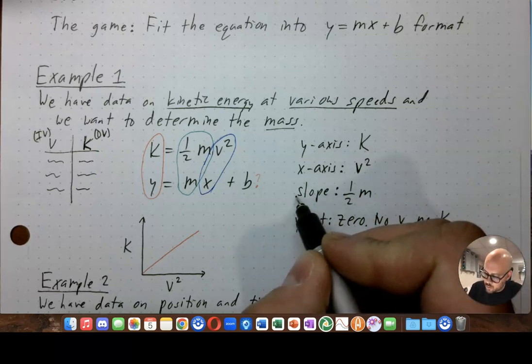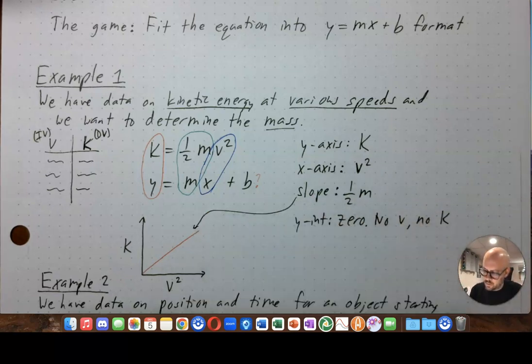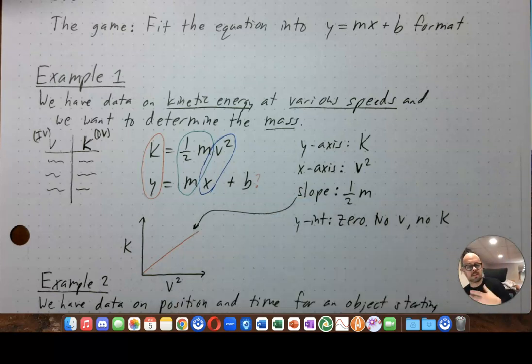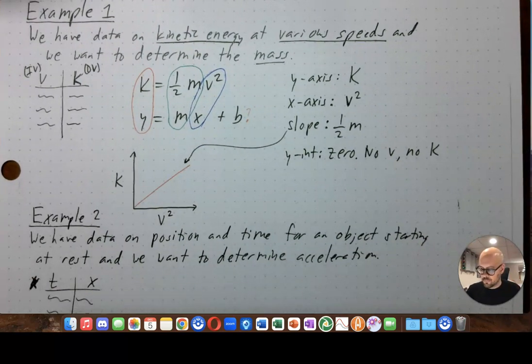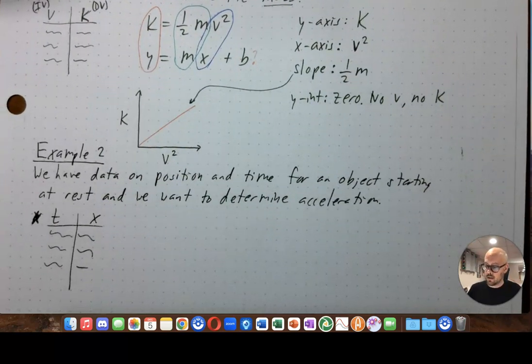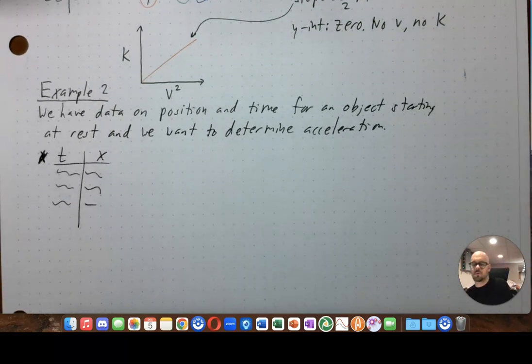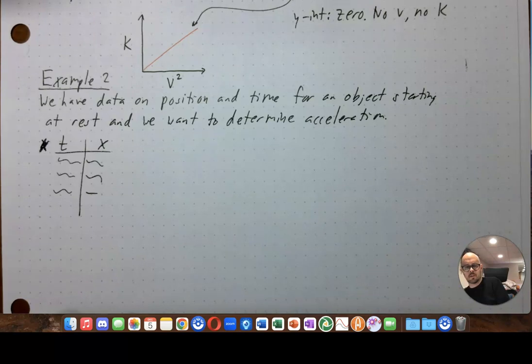And again, the slope of that line would be 1/2 the mass. So I could find the slope, set it equal to 1/2 m, and then find the mass. So that's the pattern we're going for. It's very strange. It's not something that you do in math class, but it is a great way to analyze data without the use of some powerful spreadsheet program and using good physics intuition.